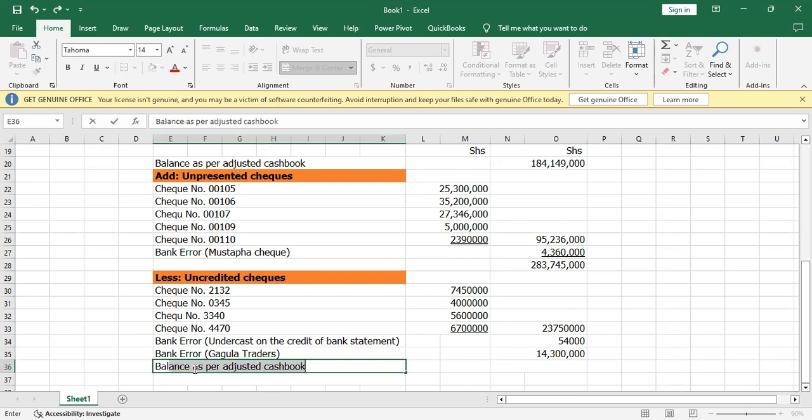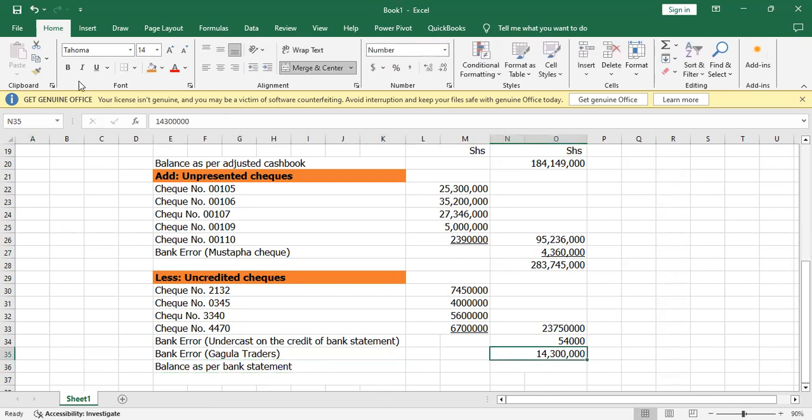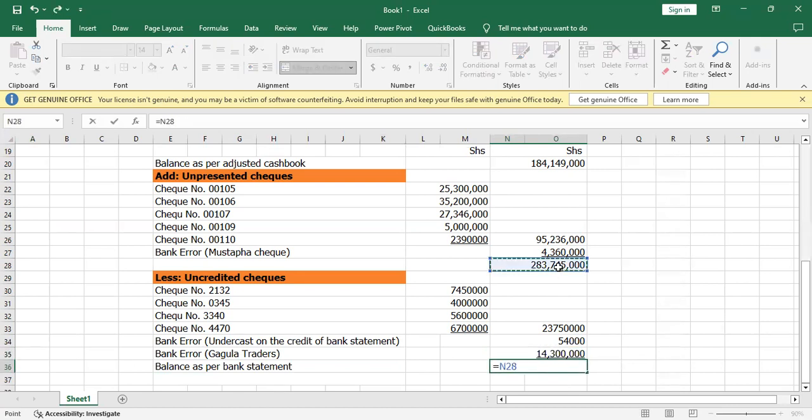So you have to come up with your balance as per the bank statement. You have to get this total, minus the uncredited checks, then minus these different errors and adjustments.